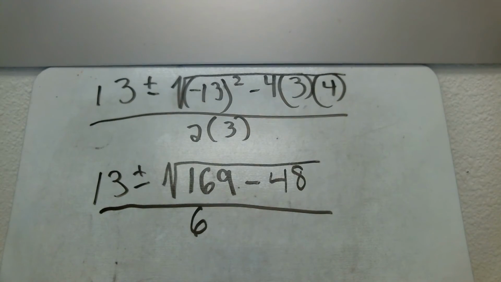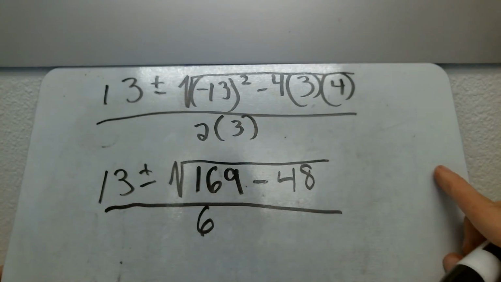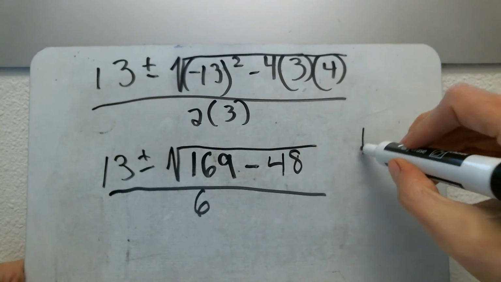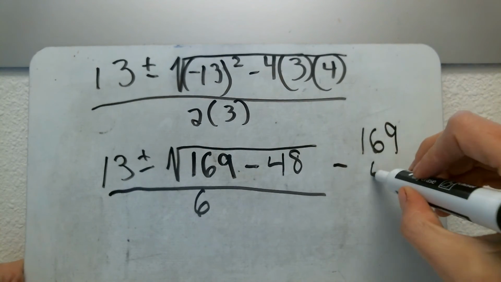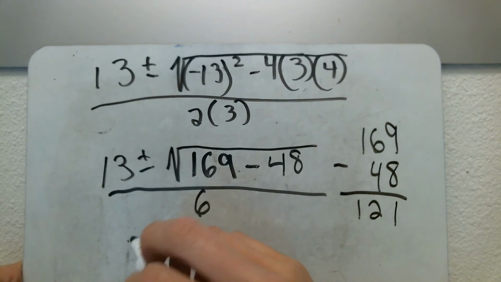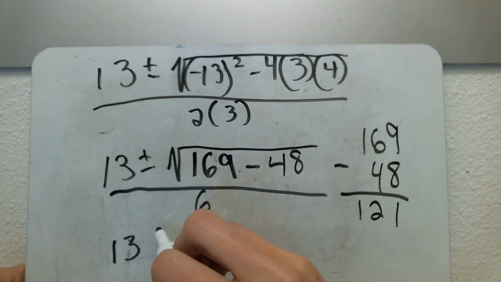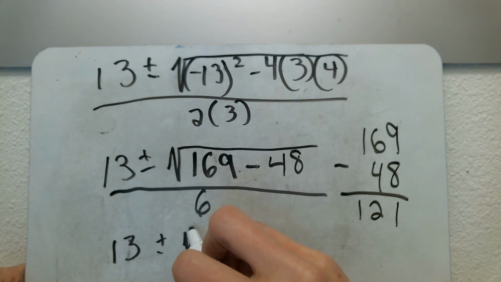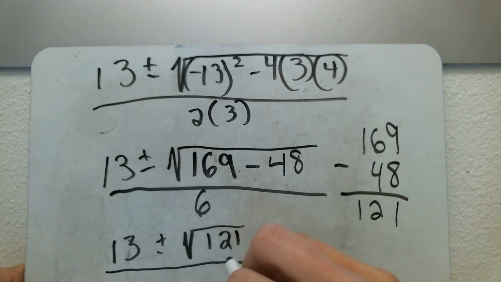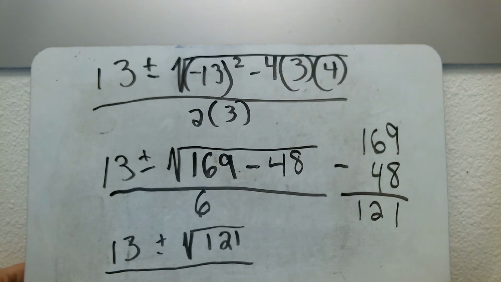Okay. Continuing under the square root now, if I have 169 minus 48, that's going to give me 121. And hopefully you know what the square root of 121 is. I will only expect you to know square roots up through the square root that equals 12.